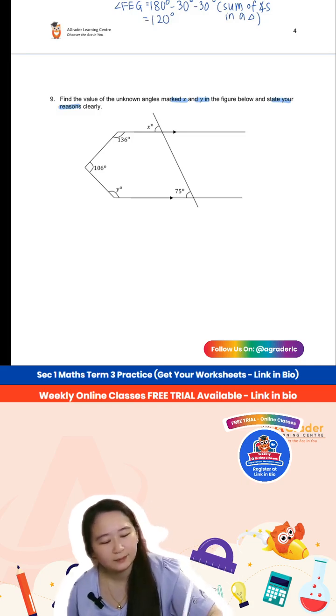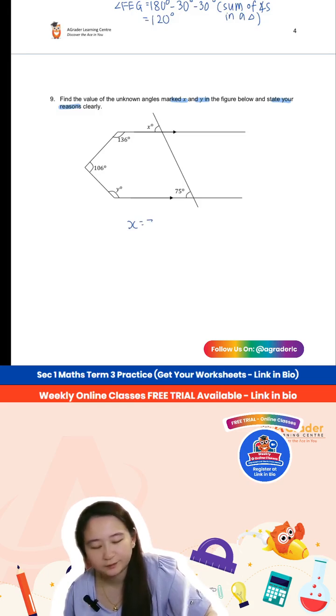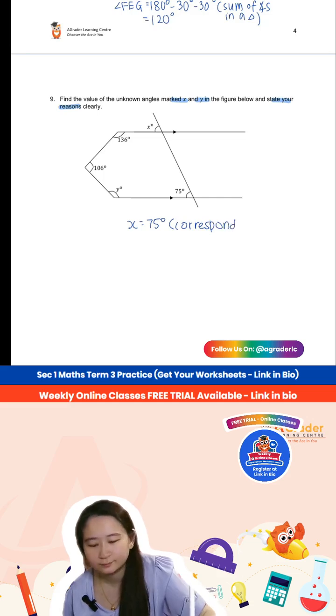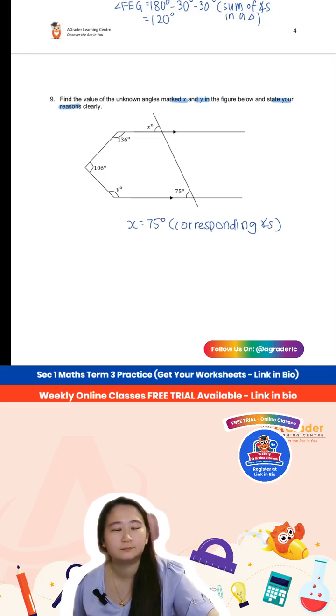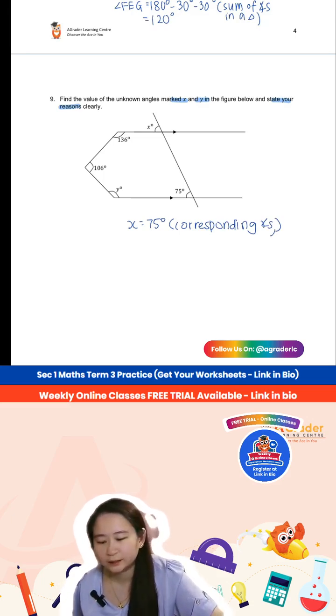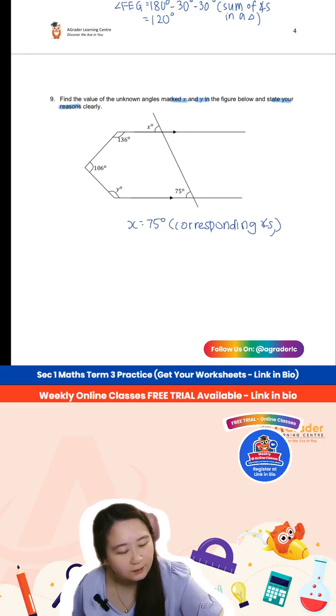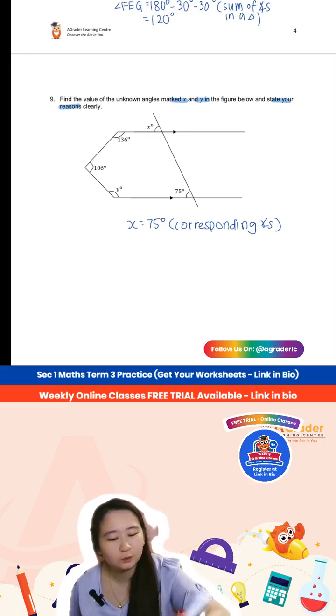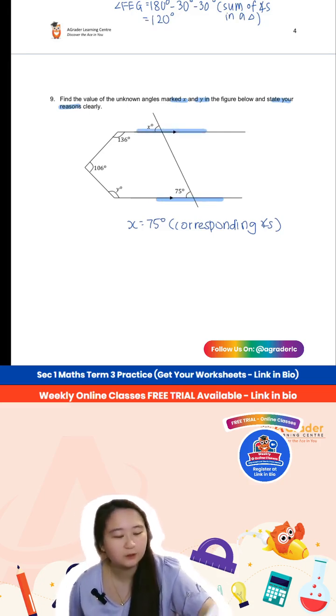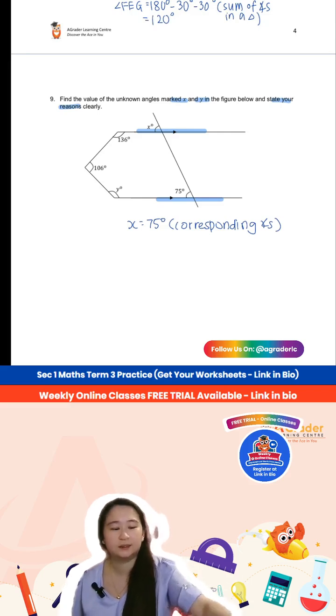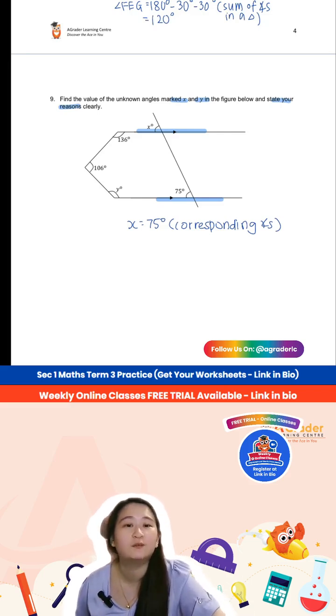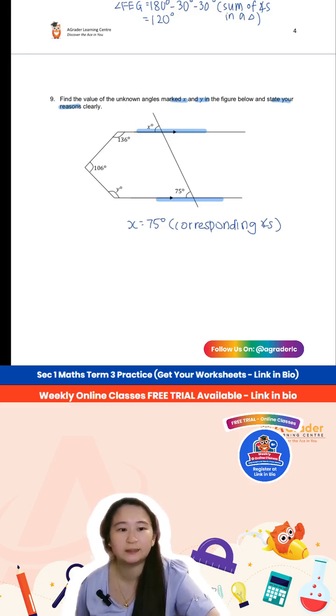X equals 75 degrees using corresponding angles. So based on this corresponding angle, because it's still these two lines that are parallel. You can't write down which lines because you don't have the points. But if the points are given, you can write down which two lines are parallel to each other.